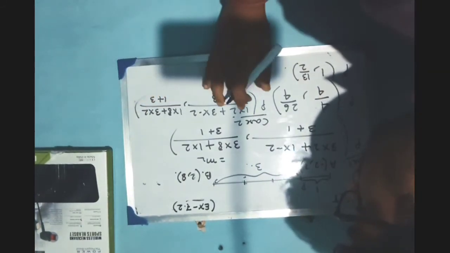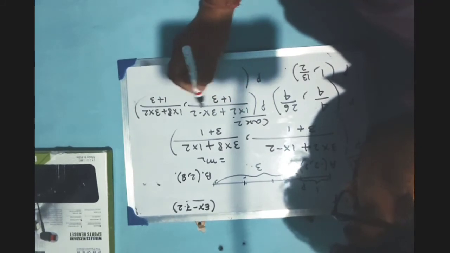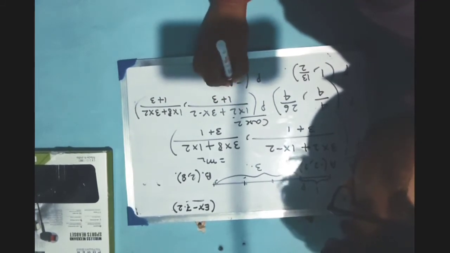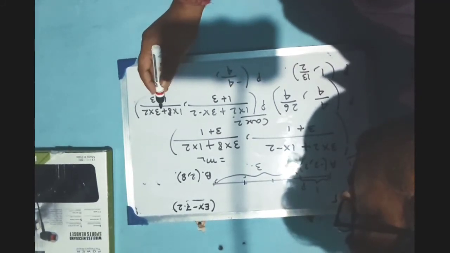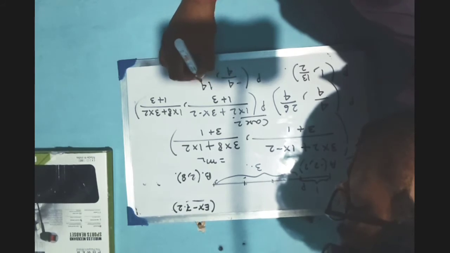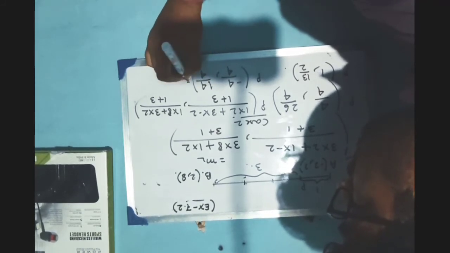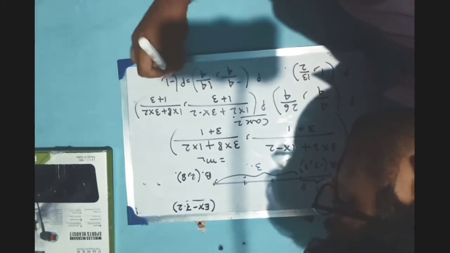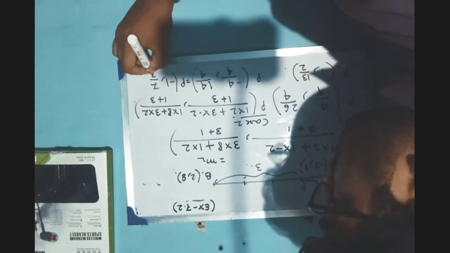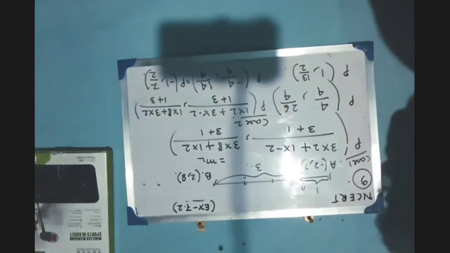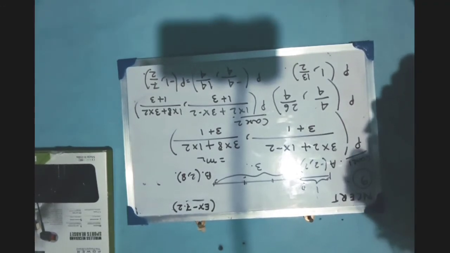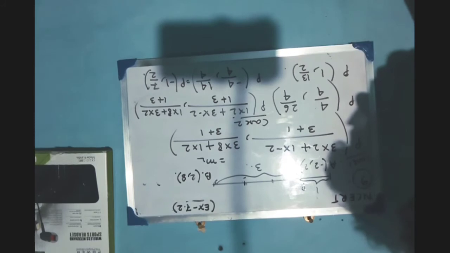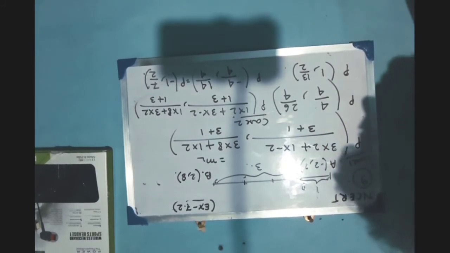That means this will be minus 6 plus 2, which means minus 4 by 4, and this will be 8 plus 6, which means 14 by 4. So that will be minus 1 comma 7 by 2. That is another coordinate of P, which divides the line segment in 4 equal parts. Hope you are able to understand it.